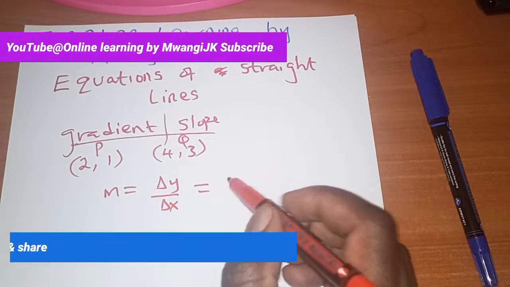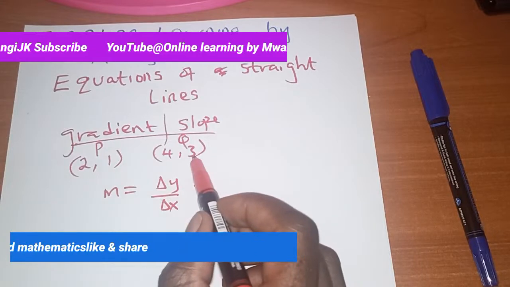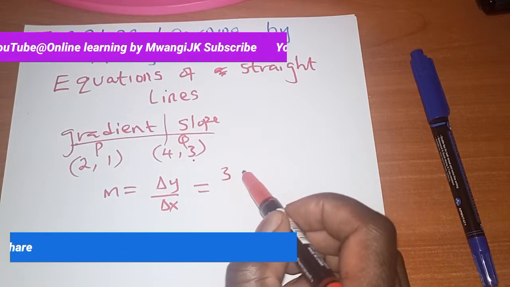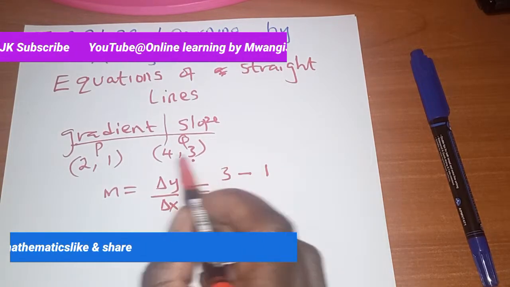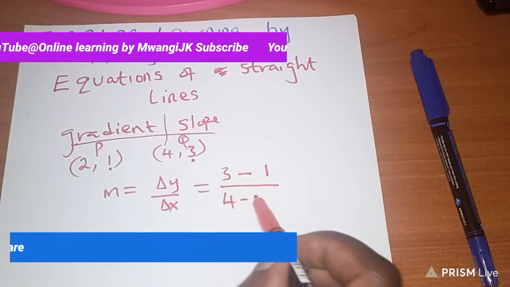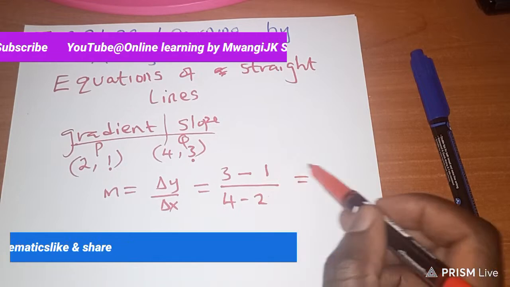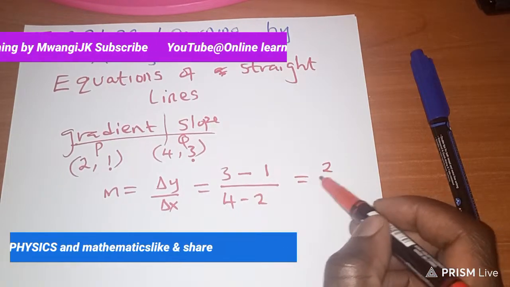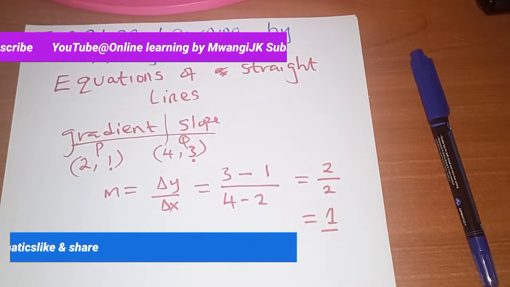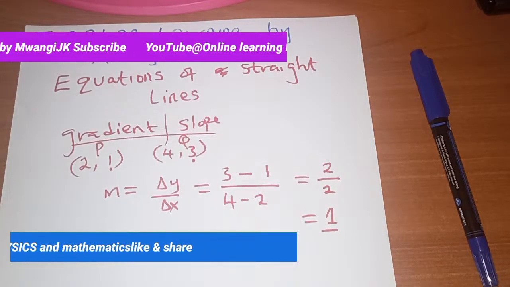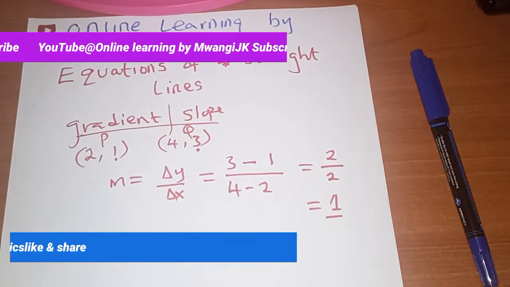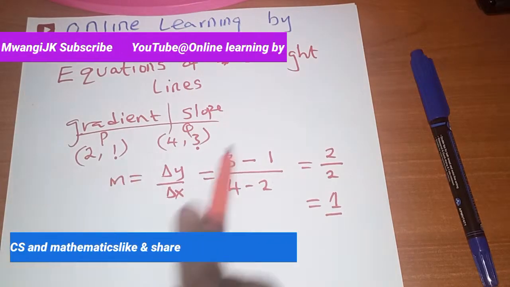For point Q, the y of Q, 3 minus 1, divided by 4 minus 2, the x part, and I get 2 over 2, and finally this is 1. So 1 is the gradient of that line. That is getting the slope or the gradient of a line given 2 points.